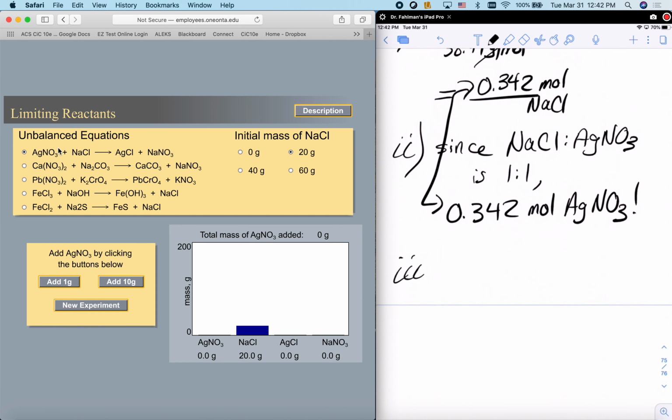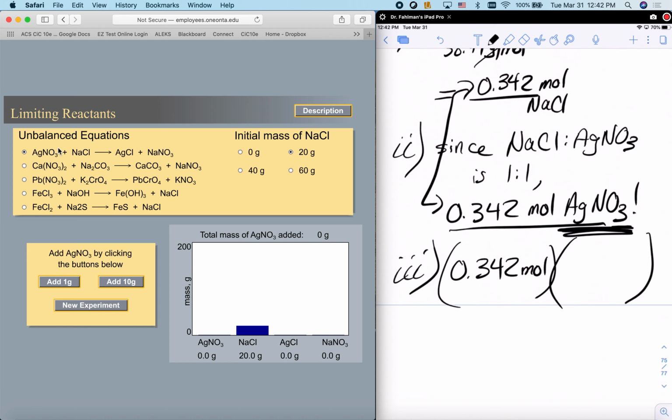And then the last step is, once you have this many moles, you multiply by the molar mass. Silver, I have to look up that one.